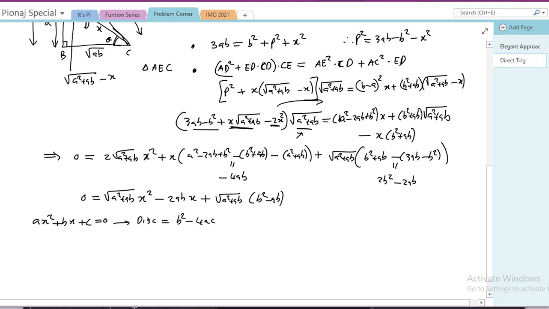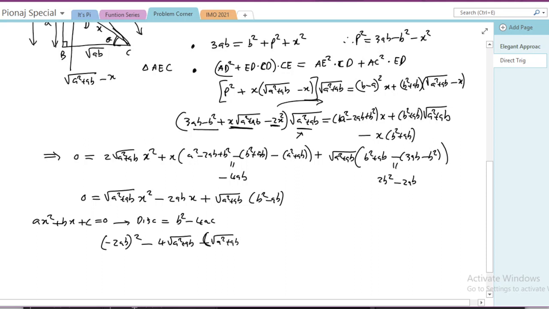Okay, so going by that, we get minus 2ab as the coefficient of x squared minus 4 times the leading coefficient, then times the constant term.